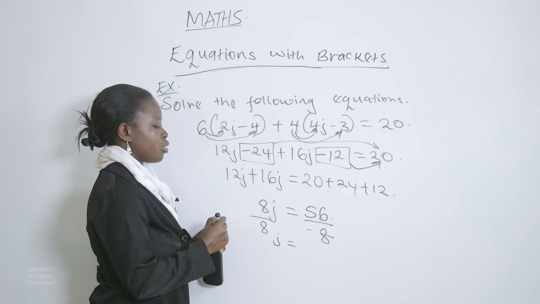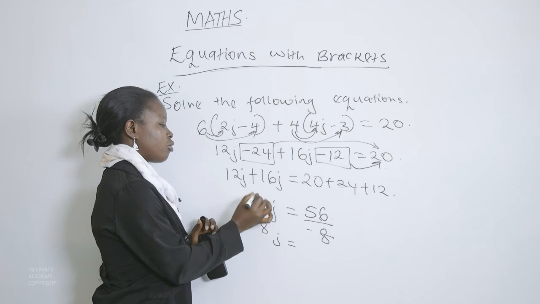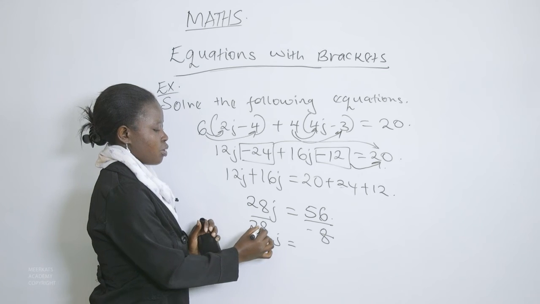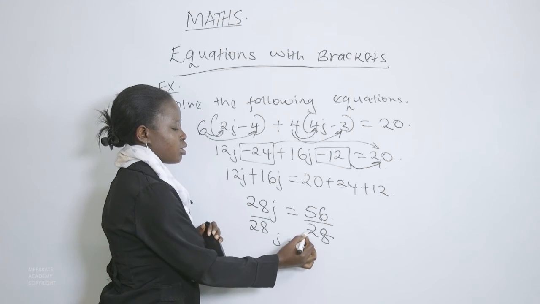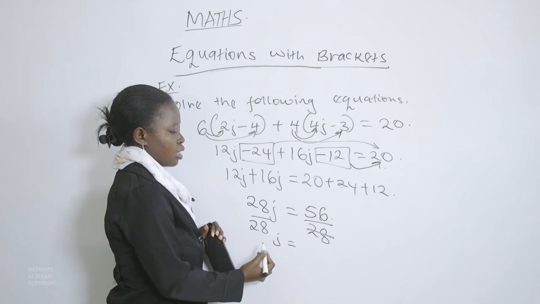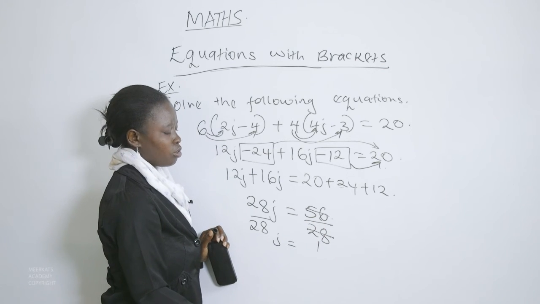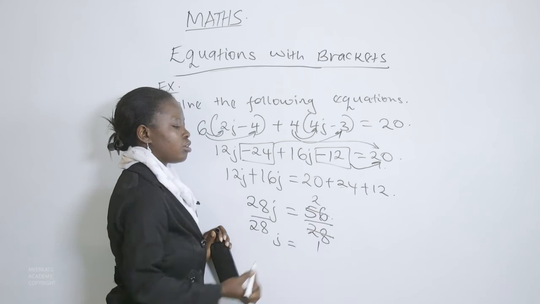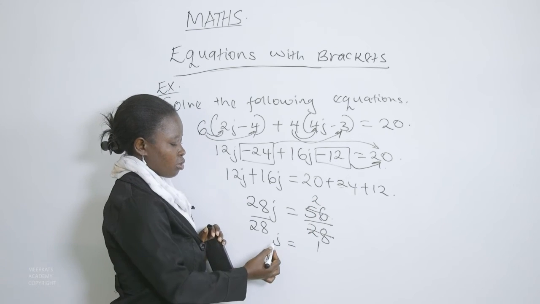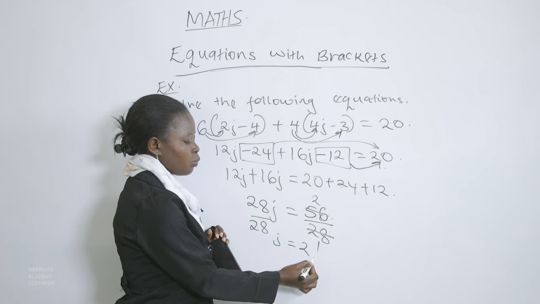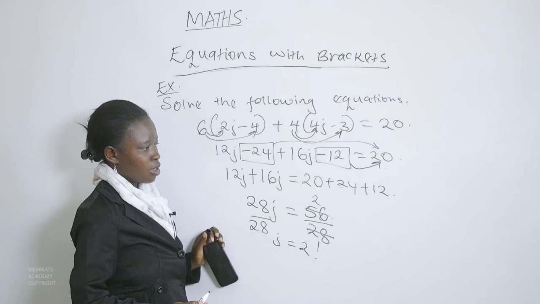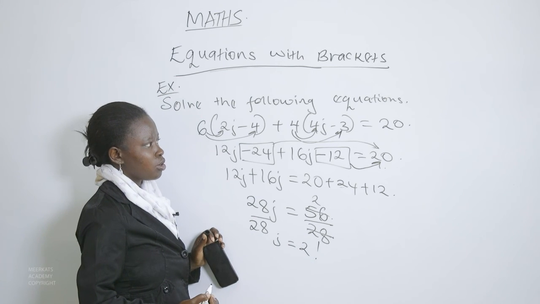So a problem with our addition, so that 12 plus 16 we have 28. So 56 divided by 28, 28 into 56 twice, so that j is equal to 2. So our value for j is 2.